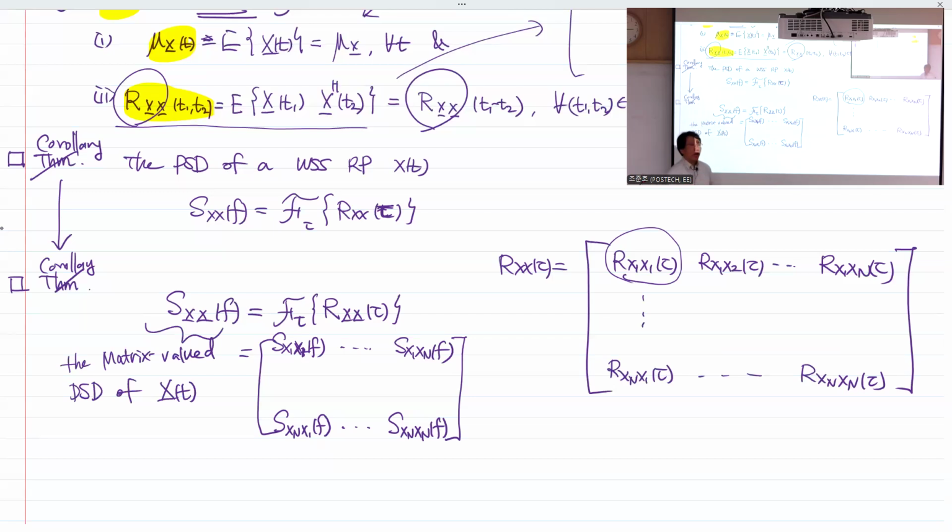And if you don't have the definition of power spectral density, which I already introduced, what was that? You time-limit each sample path, you compute the energy spectral density, you divide the energy spectral density by the time interval, you take the ensemble average of that, and you take the limit as the length of the interval tends to infinity.